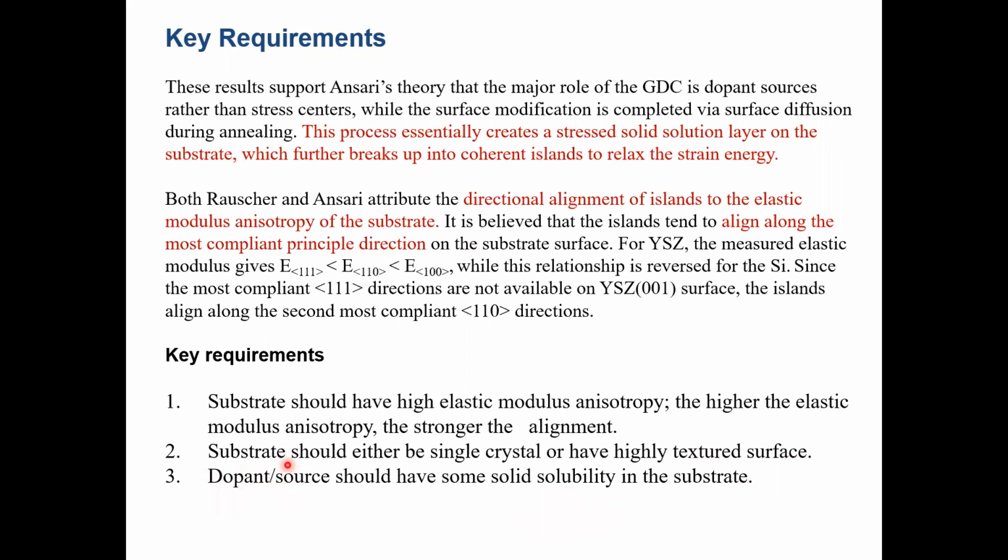The third, important requirement is that the dopant of the source material that we put on top of the substrate should have some solid solubility. In fact, we believe that during the solid solution process, the critical strain is created by the difference in size of the dopant in the substrate.